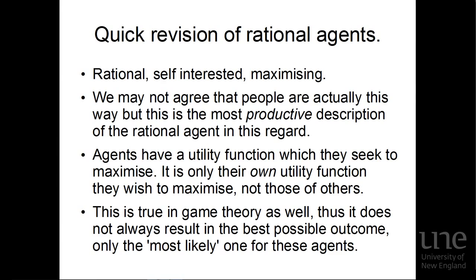The rational part encompasses perfect calculation, knowledge of their environment and the situation they find themselves in. Self-interested simply means they have their own utility function, which they will stick to vehemently, and it is coherent and organized. And maximizing simply means that in any situation they will attempt to pick the option that offers them the maximal benefit of their utility function.